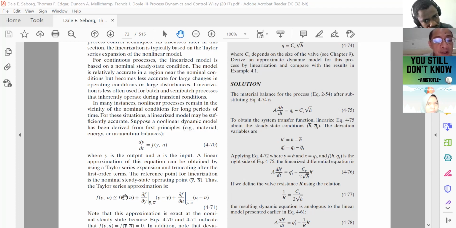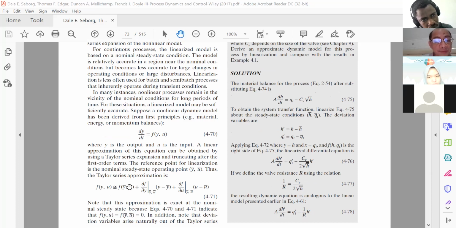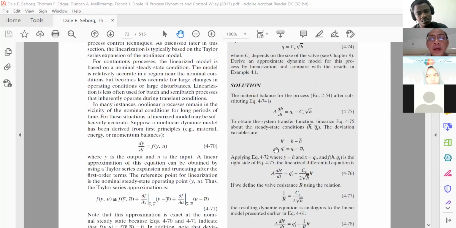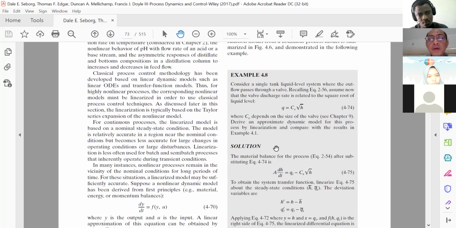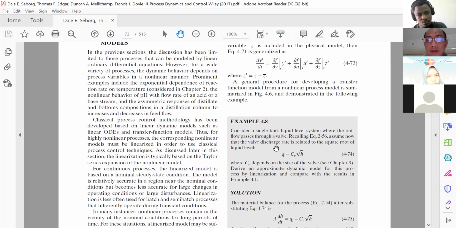So this is a linear function now, where this one is a constant, right? Because you evaluate the function at a steady state condition. All right, and then we can try to apply that rule to this one.